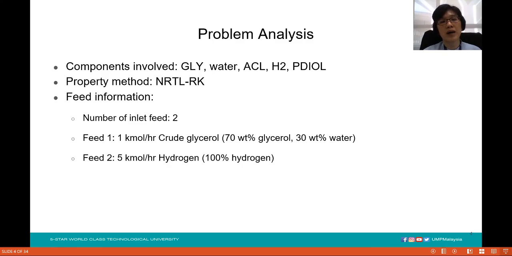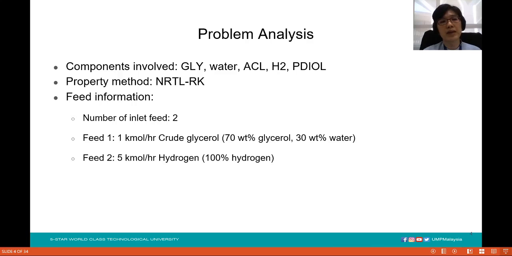Of course, if you would like to simulate the process, you have to know what components are involved. Based on the description of the problem and also the chemical equations given, you need to include glycerol, water, acetol, hydrogen, and 1,2-propanediol.